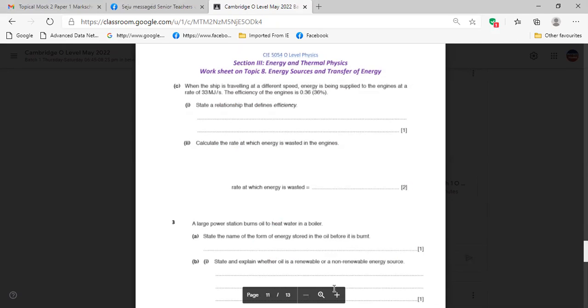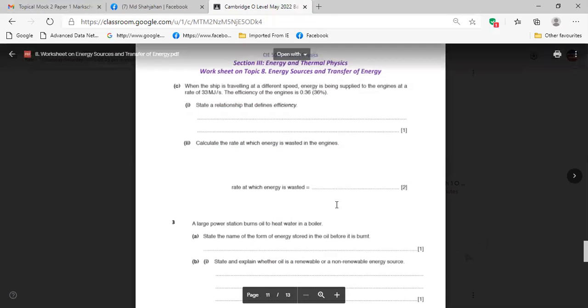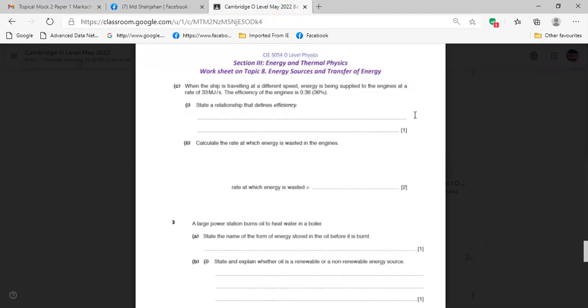36%. Number one, state a relationship that defines efficiency. So you know the formula of efficiency, right? What is the formula?